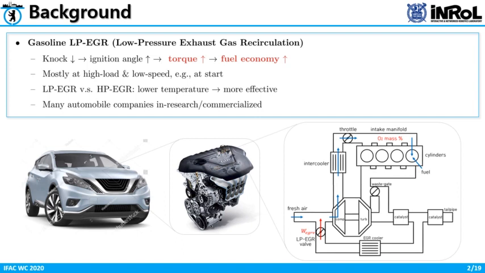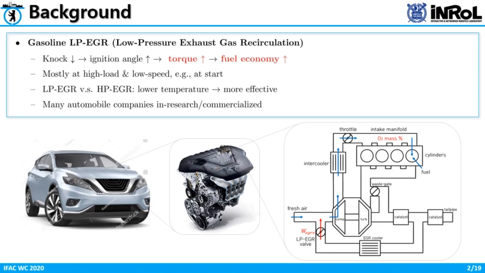Exhaust gas recirculation is an automotive technology that adds some exhaust gas to the fresh air. For gasoline engines, it is introduced to suppress knocking tendency, thus to achieve better torque and better fuel economy. Low pressure EGR is one of the representative configurations of this EGR.